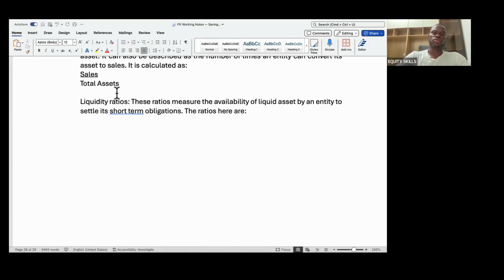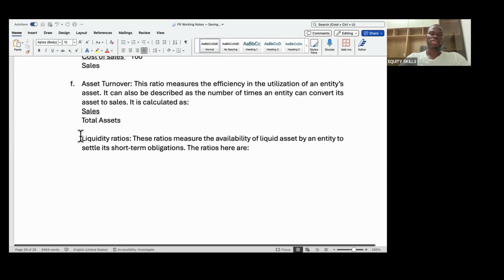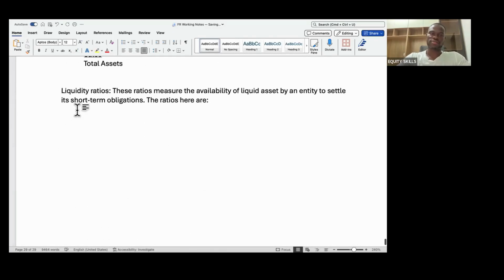So, majorly, liquidity ratio looks at, does an entity have sufficient liquid assets? These are majorly short-term assets, assets that can be easily converted to cash to settle its short-term obligations. And what are the ratios here?